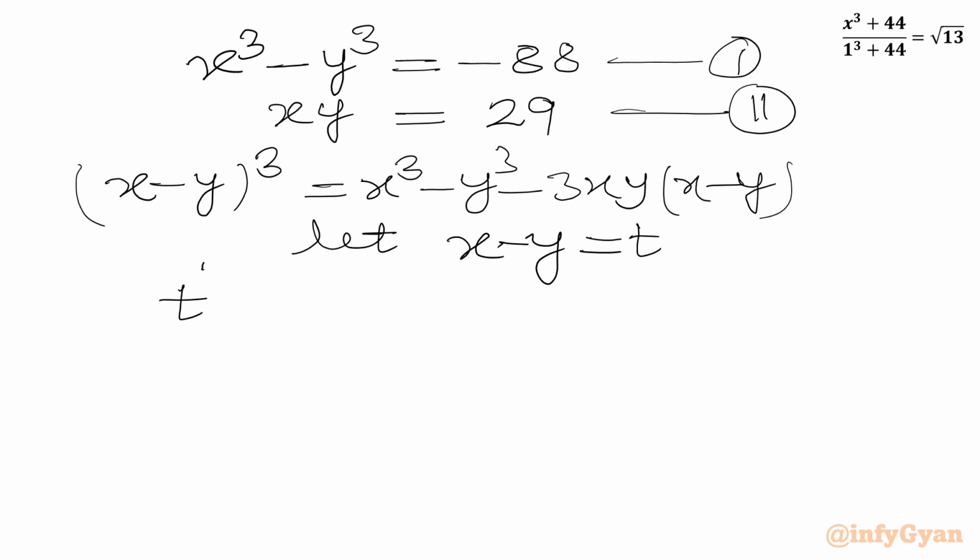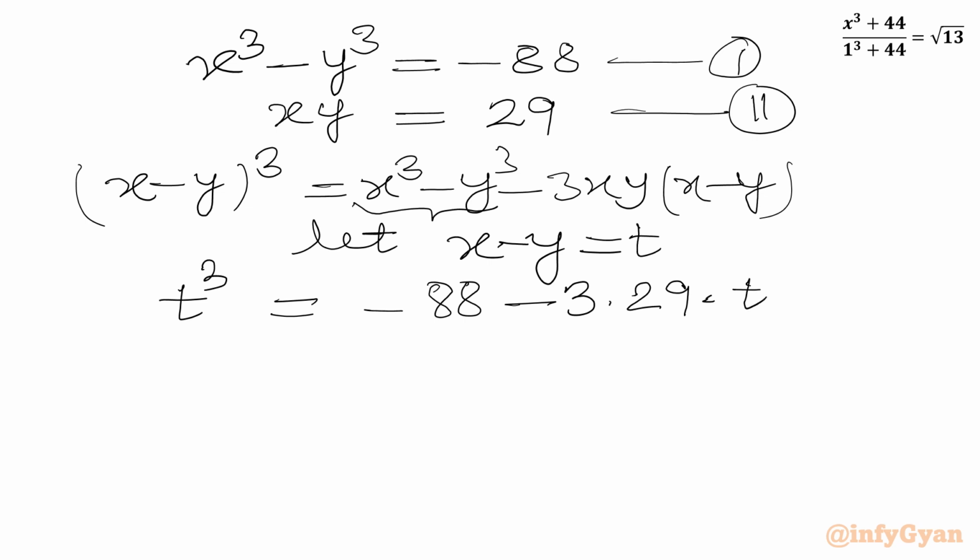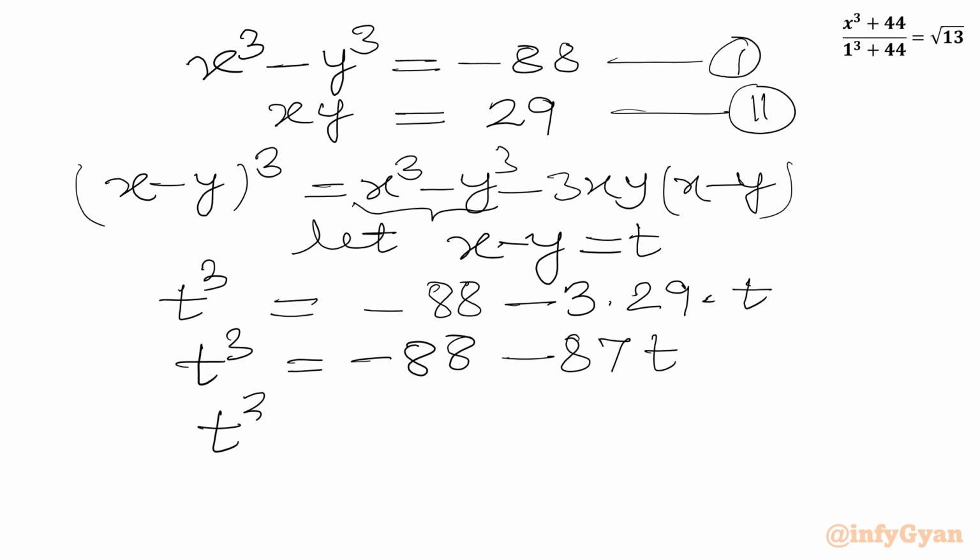So (x − y)³, which is t³, equals x³ − y³ as per equation 1, −88, minus 3 times xy as per equation 2, which is 29, times (x − y), which is t. So t³ = −88 − 87t, or we can write the cubic equation t³ + 87t + 88 = 0.